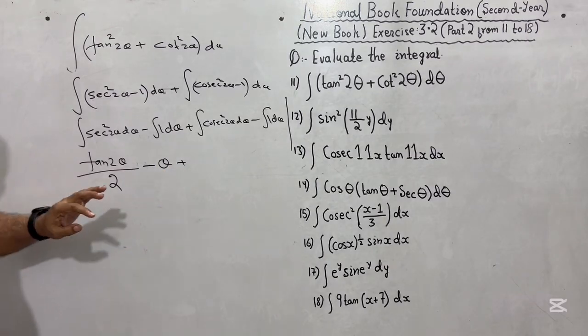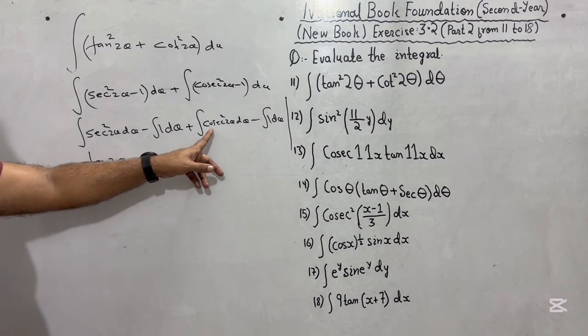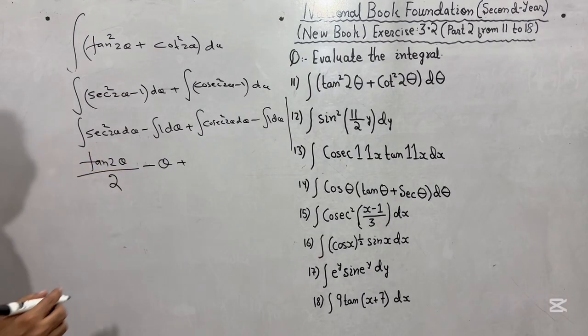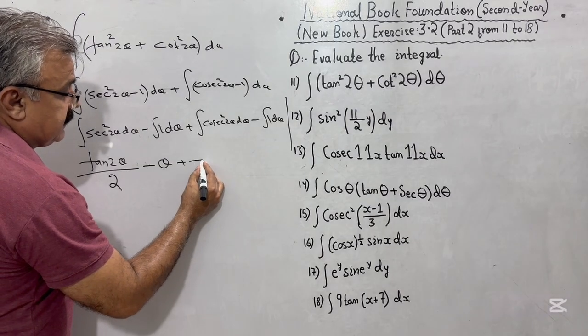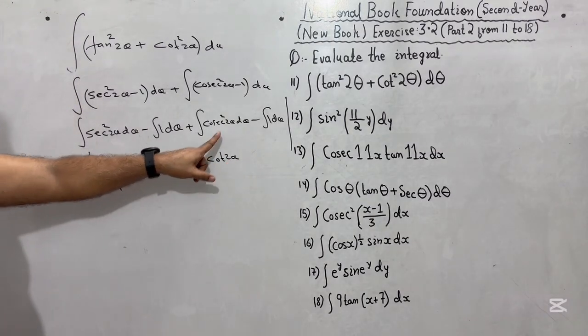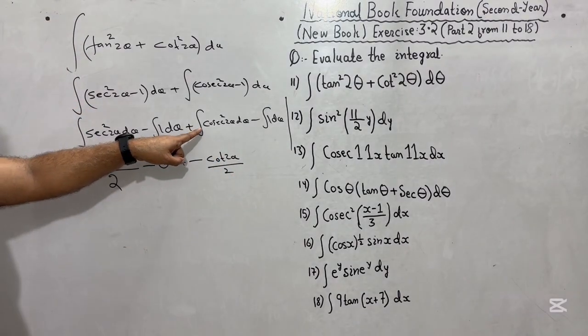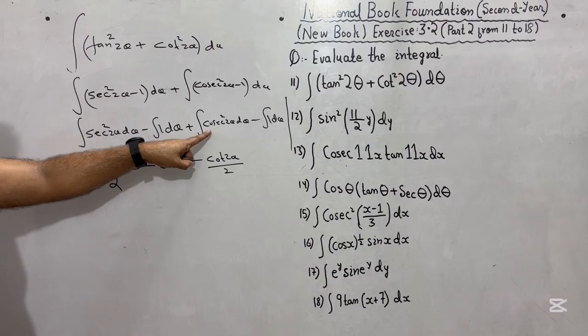What about cot? Differentiation of cot is minus cosec square. There is a positive cosec square, so its integration is given by minus cot 2 theta. The differentiation of the angle is 2. There is a deficiency of a negative sign.